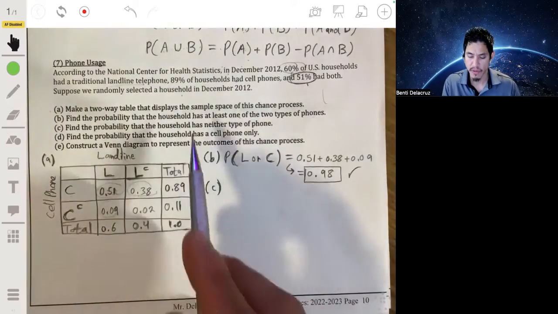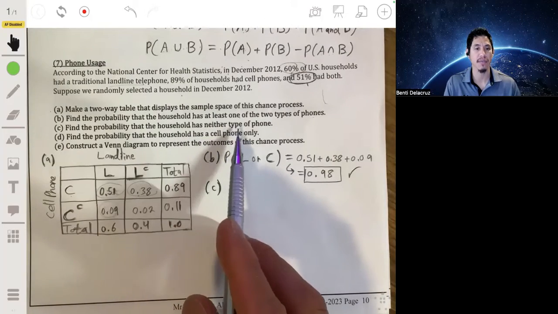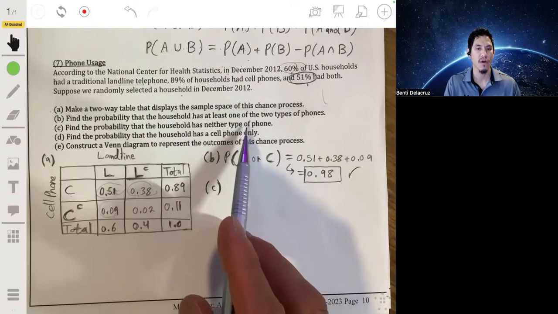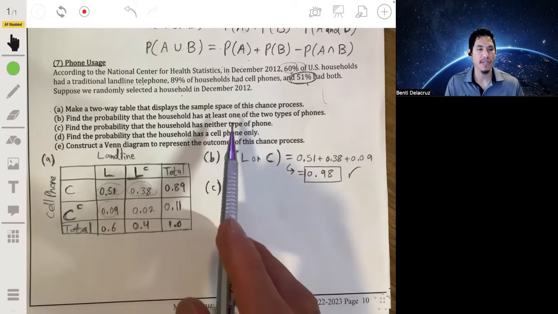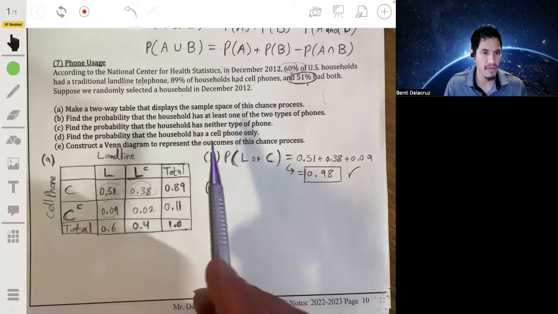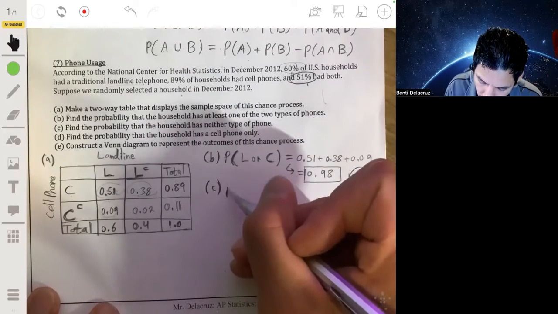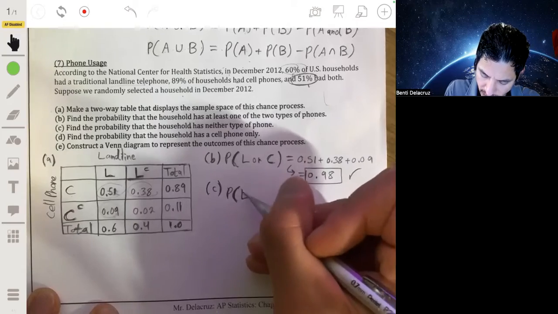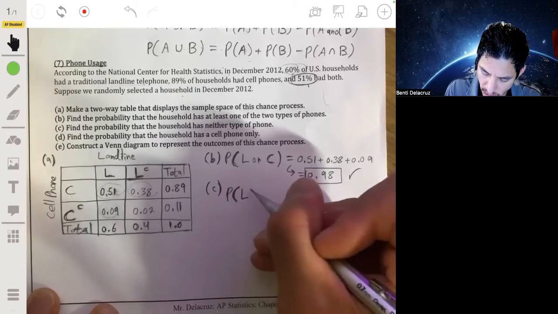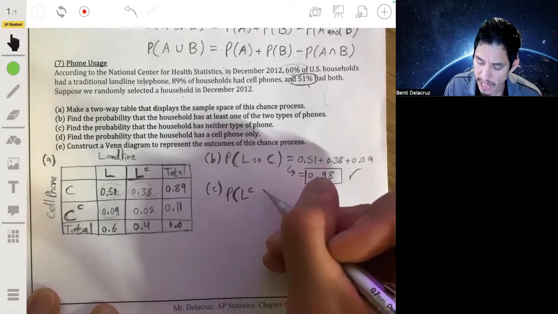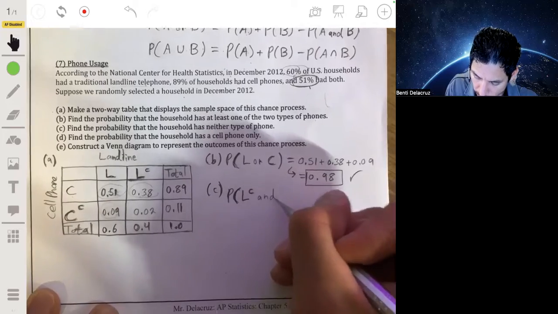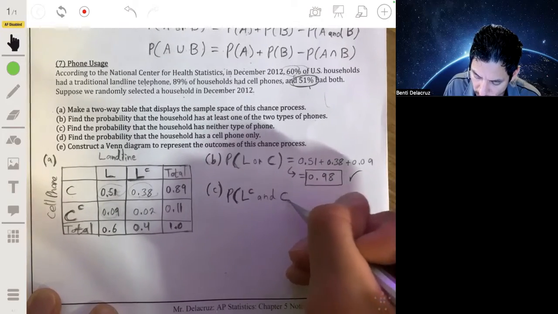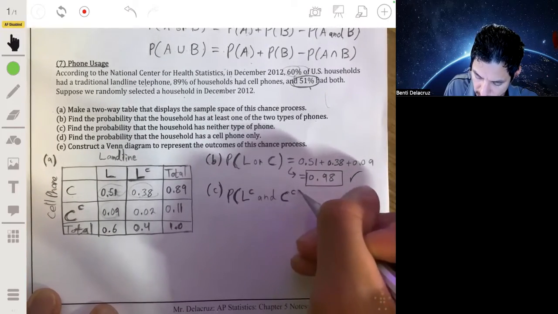Part C, find the probability that the household has neither type of phone. Well, that means they don't have a landline and they don't have a cell phone. So I could basically say the probability of not having a landline, which is L complement, and not having a cell phone, so C complement.